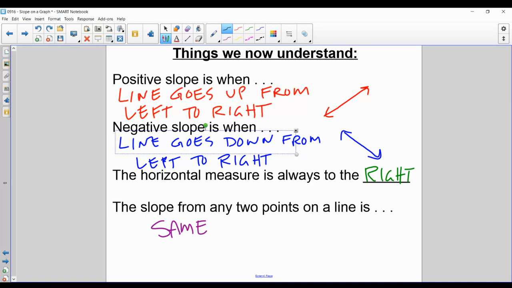If I have this line, it doesn't matter if I do the slope from here to here, or from here to here, or from here to here. All of those have the same ratio of the change in y to the change in x.